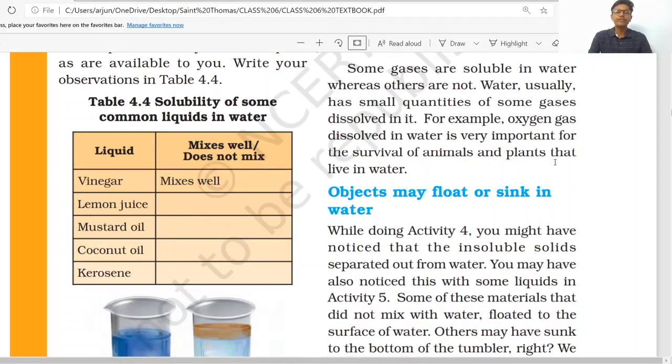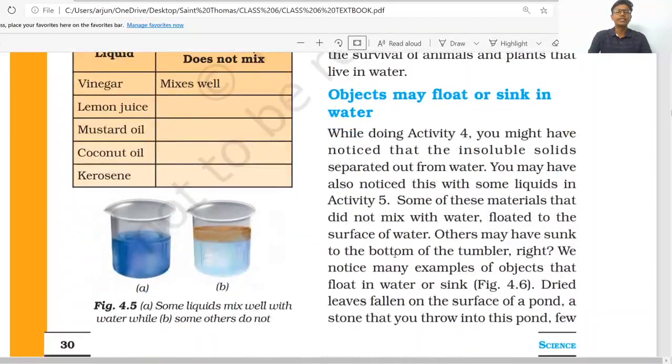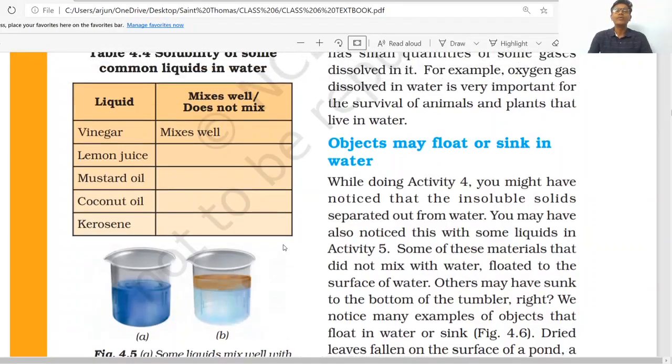For example, this is your water glass with half water, and this is what happens when you add liquid to that. When you add vinegar into the water, it will either mix well or it will not mix.